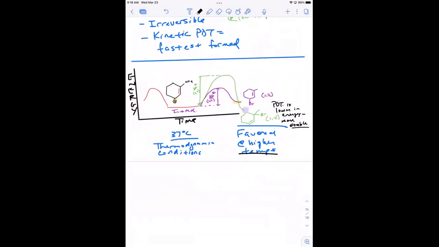And also, if you notice, the activation barrier is higher, but so is the temperature. So if the temperature is higher, that means that there's more energy available to get over that activation barrier to get to the 1,4 product.